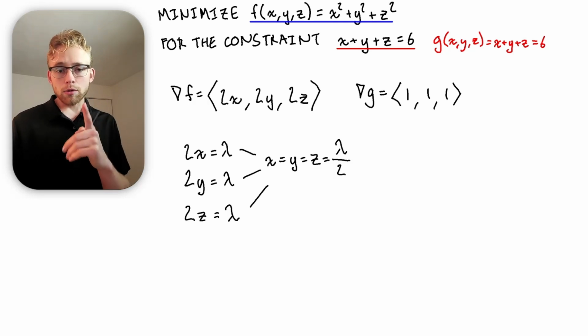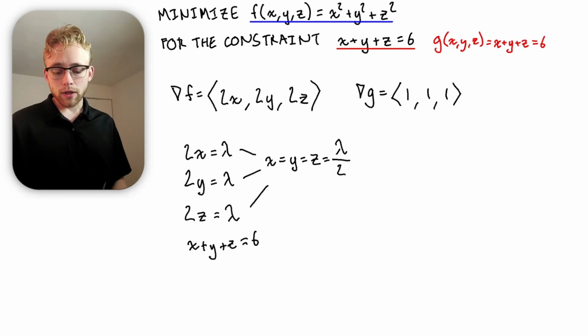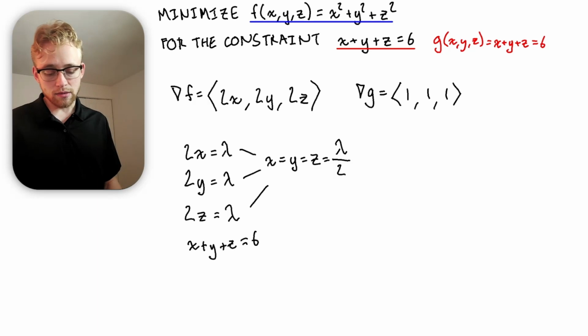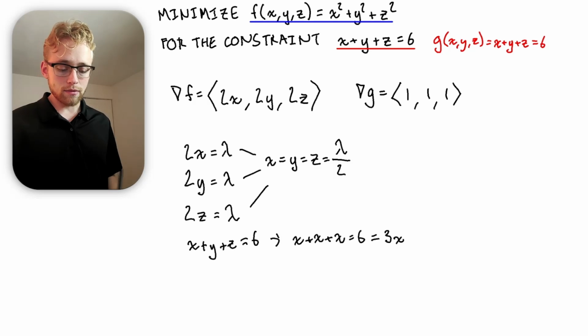And we have one more equation, which is our constraint equation, that x plus y plus z is equal to 6. Well, that's really helpful, right? Through substitution, we can replace y and z with x, and then we get x plus x plus x equals 6, which is just 3x.